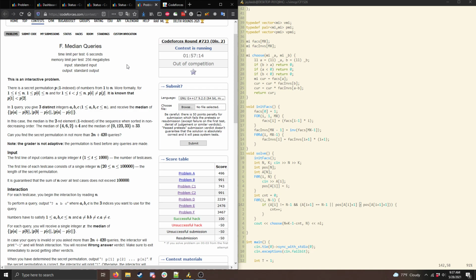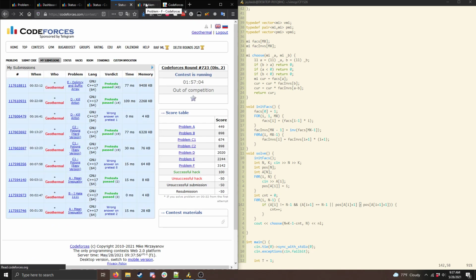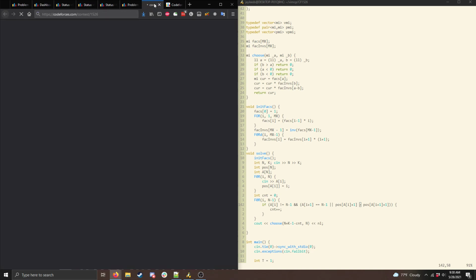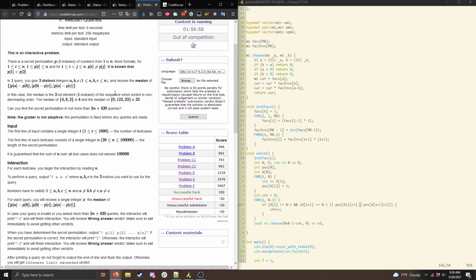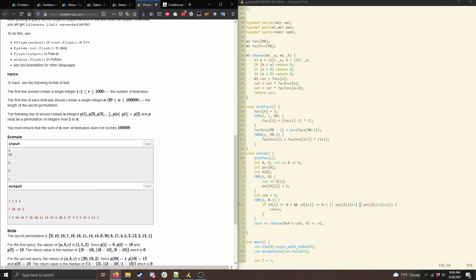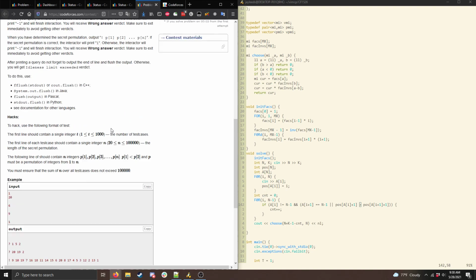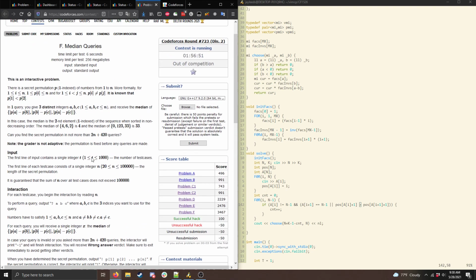Huh, okay, that's interesting. It's a very weird lower bound on n.